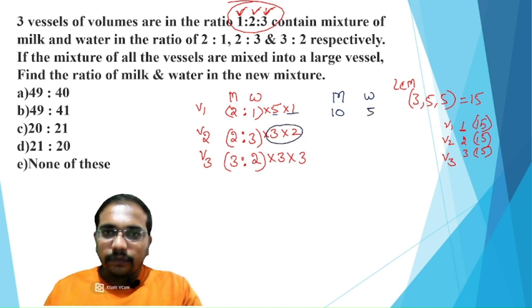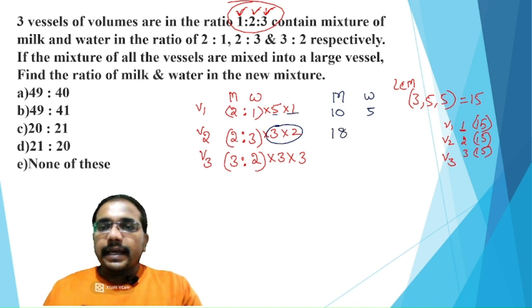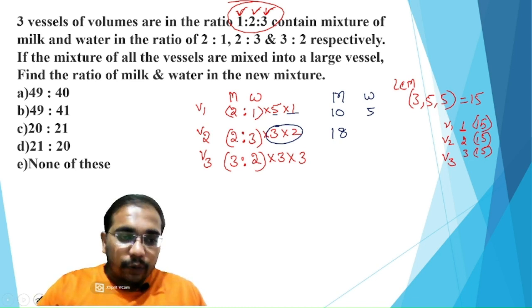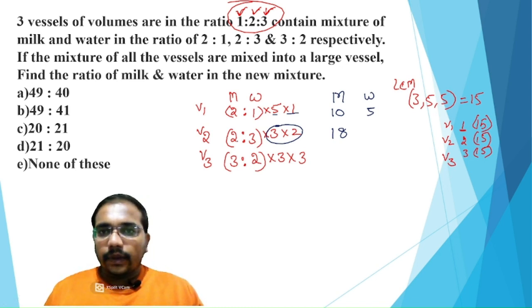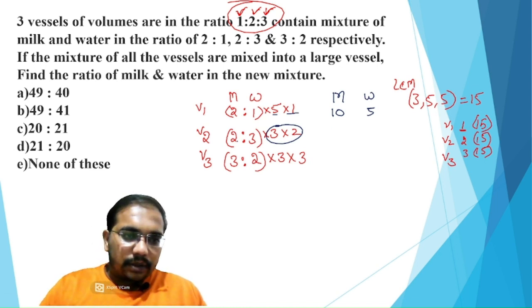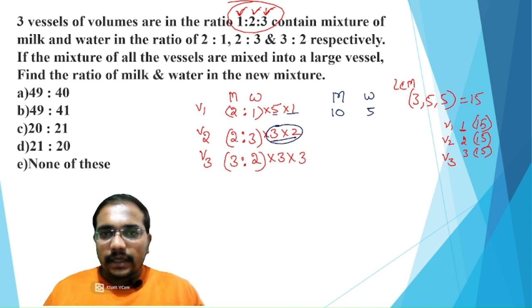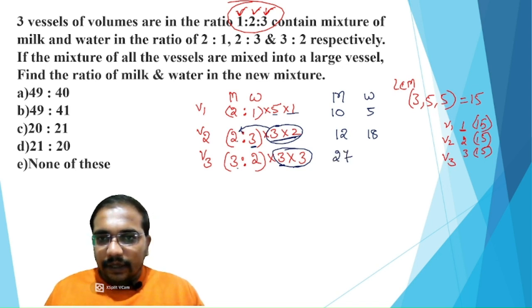Next, 6 twos are 12, 6 into 3 is equal to 18. Now 3 threes are 9. 9 into 3 is equal to 27. 9 into 2 is equal to 18.